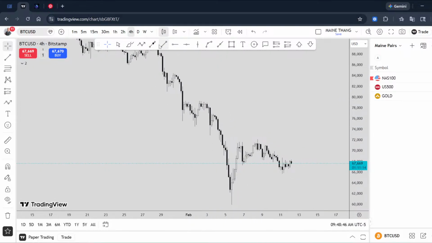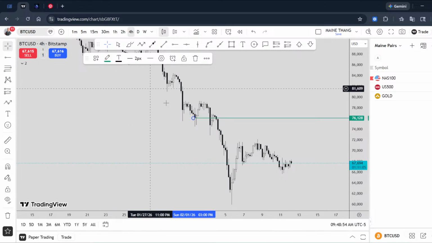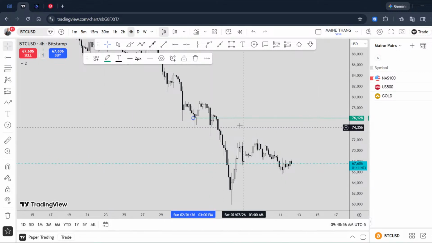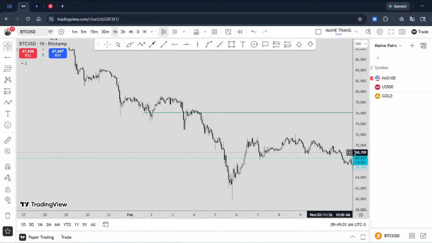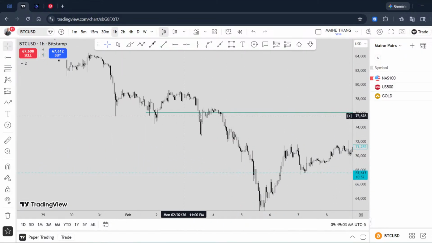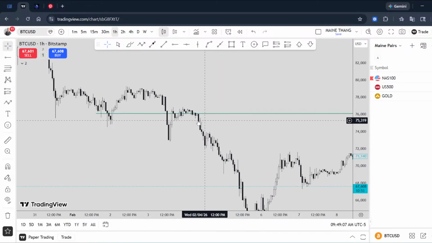And this would have been nice right here. 4 hour. 4 hour broke. That's 1 hour. Price made a correction right down to the 15.